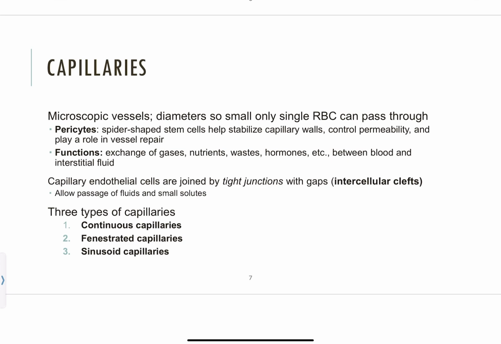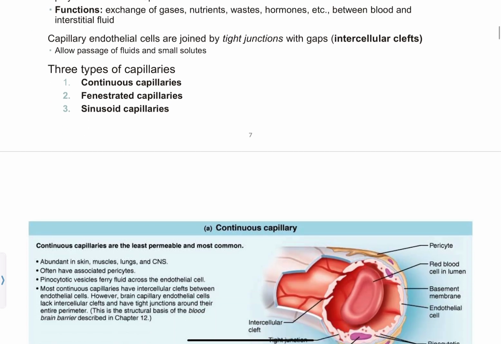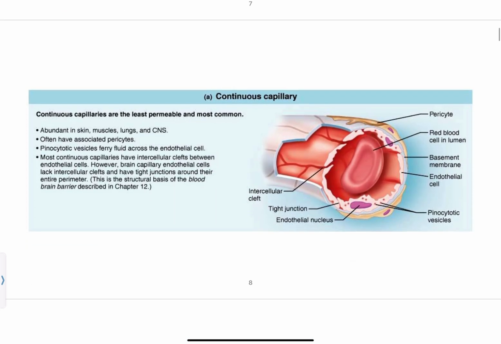Capillaries can be categorized into 3 structural types. We have continuous capillaries, fenestrated capillaries, and sinusoid capillaries. You don't need to know a huge amount about all of these different types, just a little bit of information about what distinguishes between the 3. Our continuous capillaries are our most common.